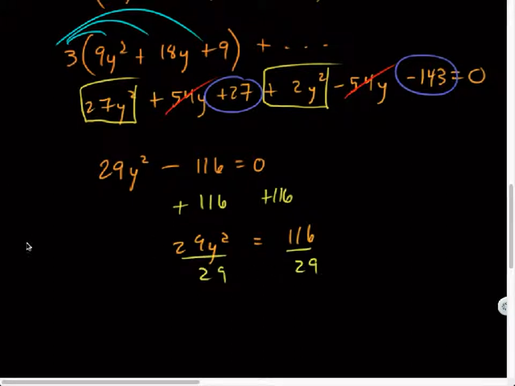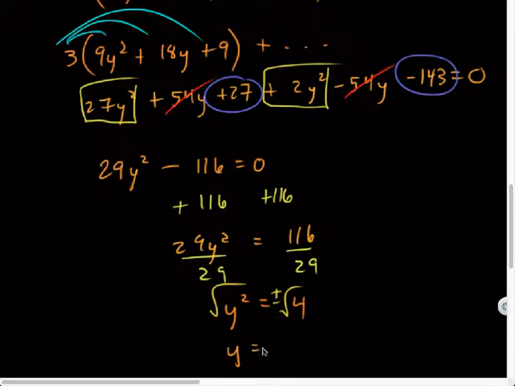It would be wonderful if that somehow went in there. Does it? Anybody? Yeah, 116 divided by 29 is 4. So now to solve, I root both sides. Plus or minus. Don't forget it.